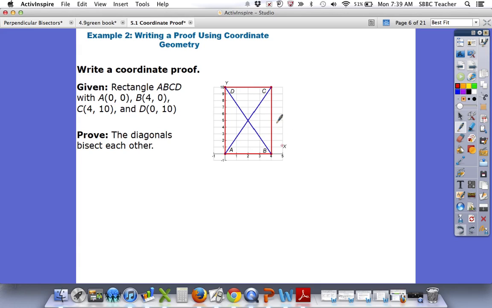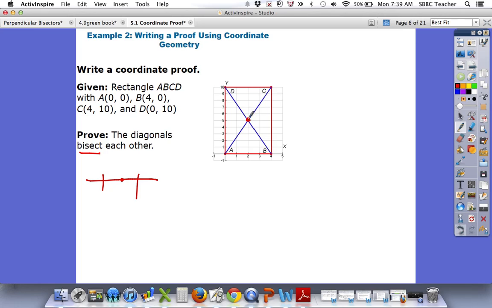We want to know if these diagonals bisect each other. Remember, bisect means that you split it into two congruent parts, which happens when you have a midpoint. So for AC to be bisected, this must be the midpoint for both segments.